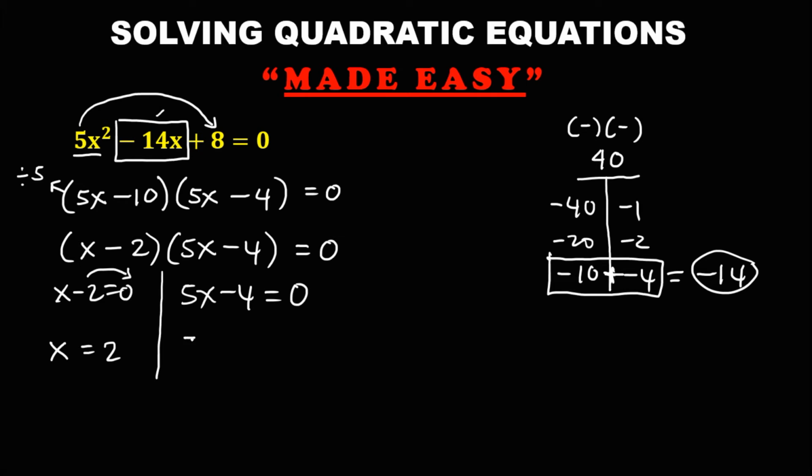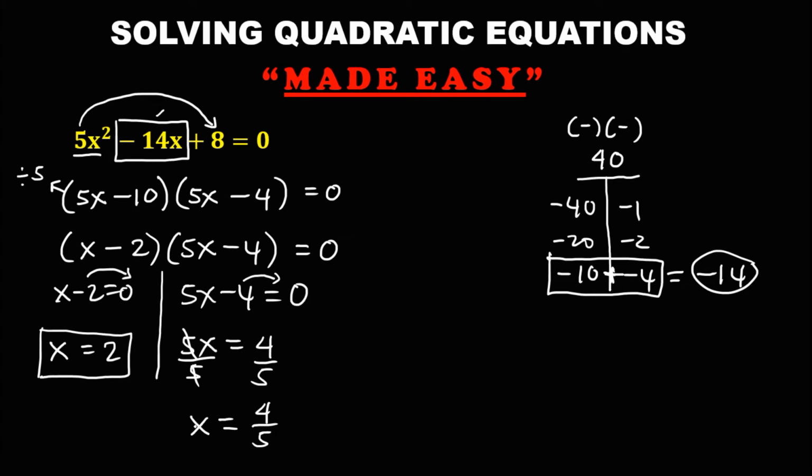For the other factor, we have 5x equals, transposing, positive 4. Then divide both sides by 5 to solve for x. Therefore, x equals 4 over 5. So these are now the values for x.